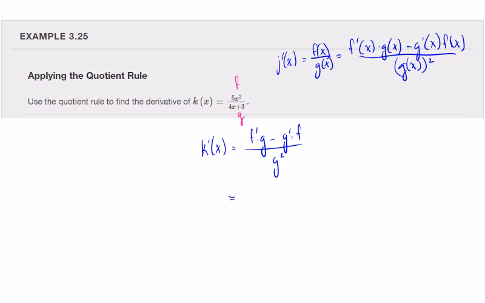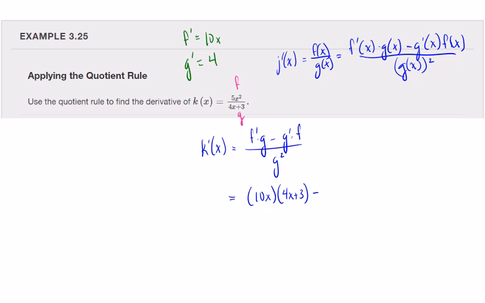And so let's find f prime. So if this is f, then f prime will be 10x, right? And g prime, if this is g, g prime will just be 4. Okay, so f prime is 10x, so I'm going to put a 10x here. G is 4x plus 3, so I'm going to put that here.